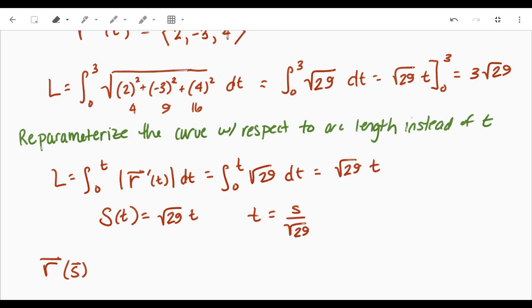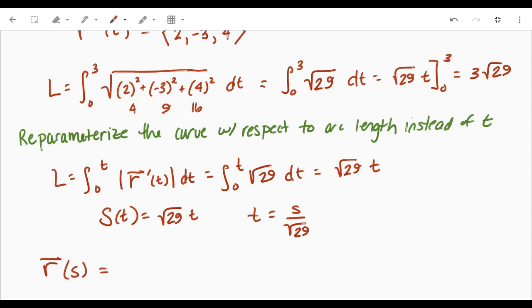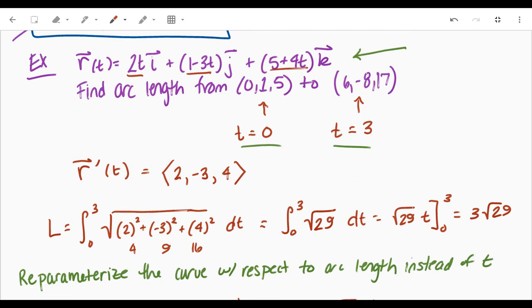Oops, arc length is not a vector. Okay, and that would be, let's see, we're going to replace t with s over the square root of 29.